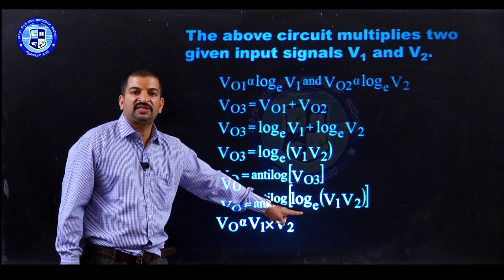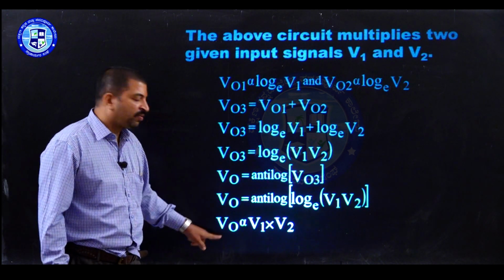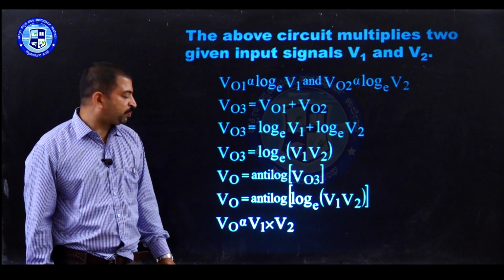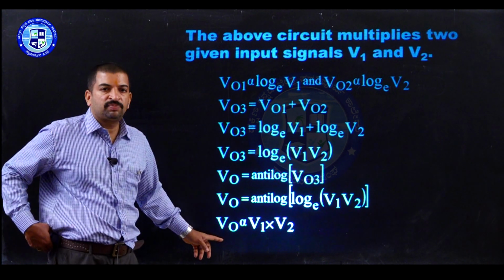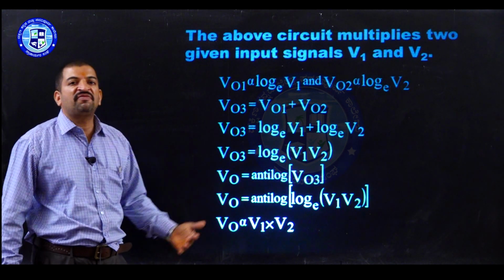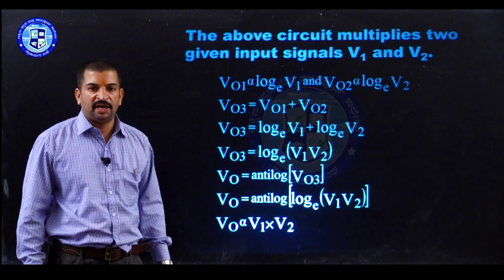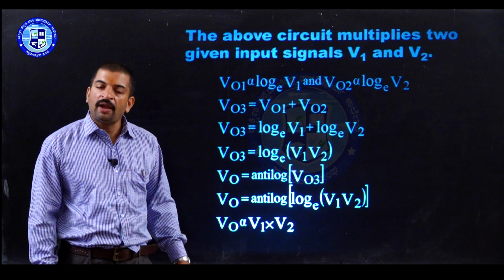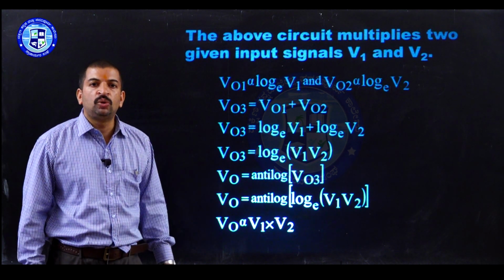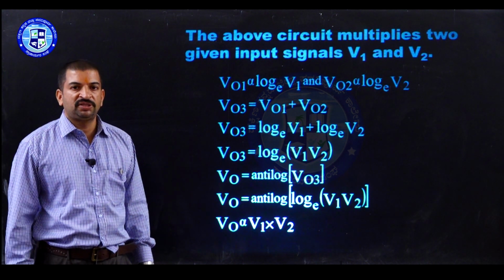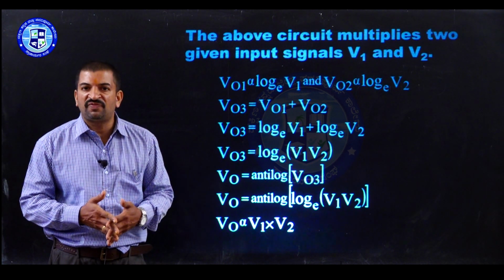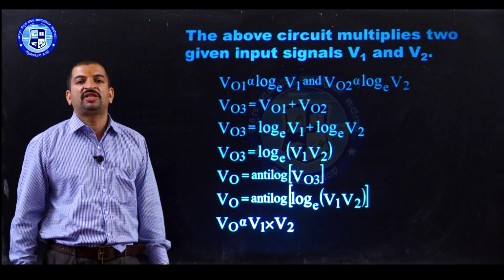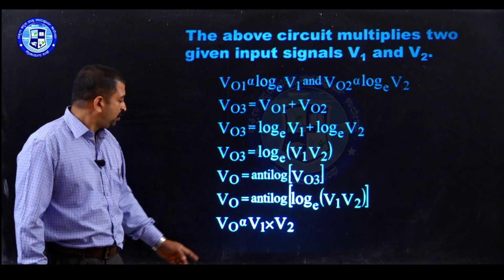Anti-logarithm of log to the base e cancels, so we can write the output voltage is proportional to V1 V2. Hence, the output voltage is proportional to the product of the input voltages. Hence, the circuit can be used to multiply two input voltages. So these are the applications of the op-amp logarithmic amplifier and op-amp anti-logarithmic amplifier.